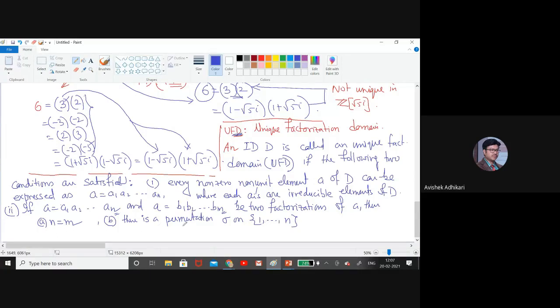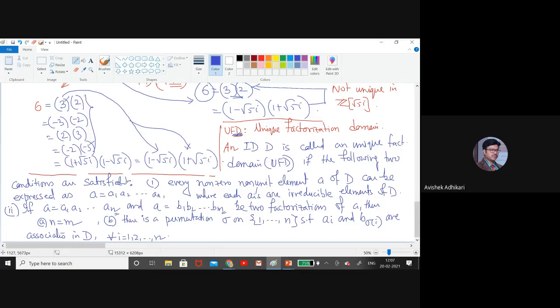So there is a permutation sigma on this set such that ai and b sigma(i) are associates in D for all i from 1 to n.